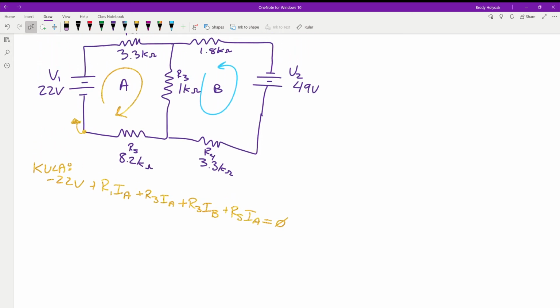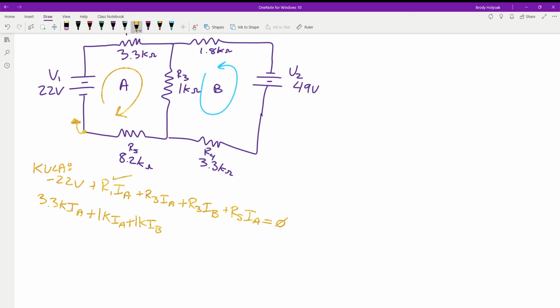And then while we're here, we might as well put in our values and solve it down so we have one final value. So I'm just going to move this 22 across the equal sign at the beginning because there's nothing else attached to it. I know that voltage is going to move over there. We don't care what current is there. We don't care what the resistance is. It is a voltage. So we end up with the 3.3K IA plus the 1K IA plus the 1K IB.